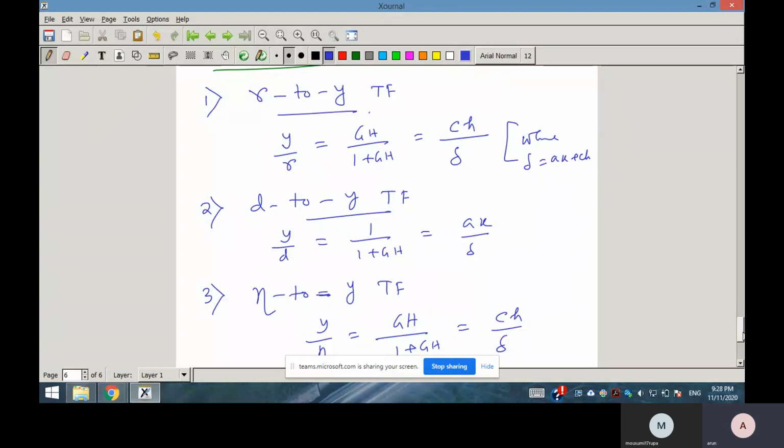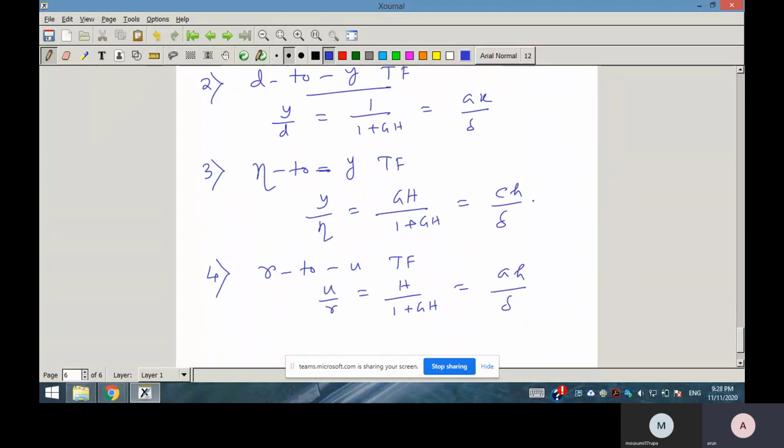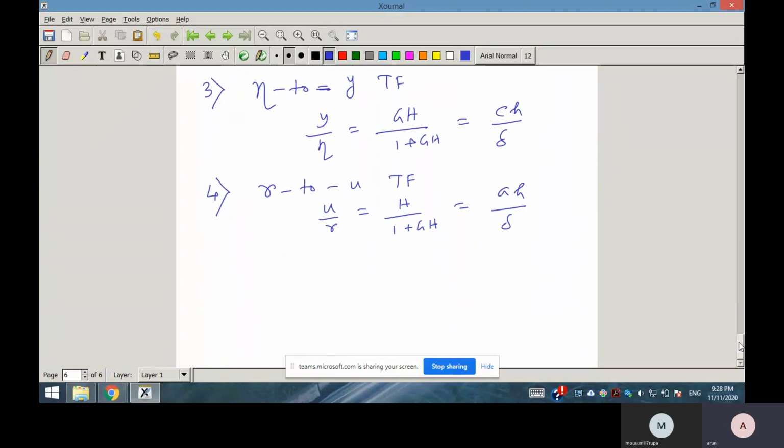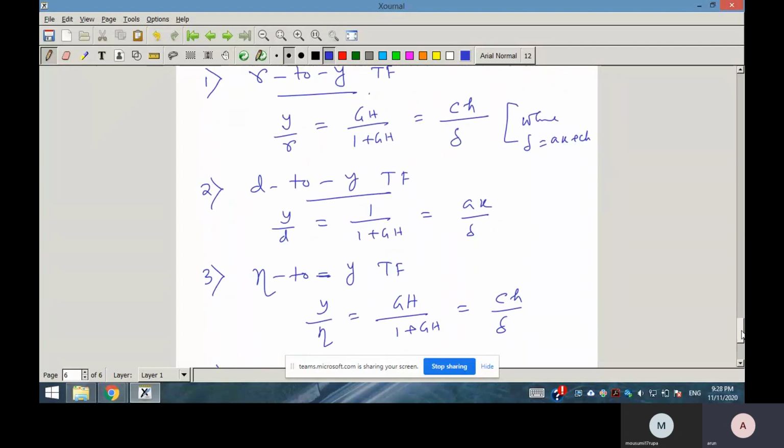Noise attenuation may also be poor, and control effort will be high, if the roots of HS are near the origin. So in summary, this is the limitation of 1 degree of freedom control.